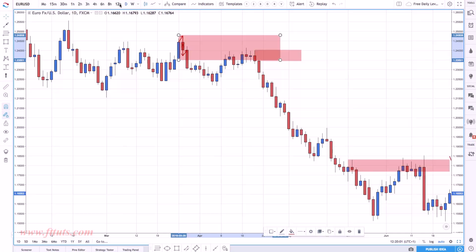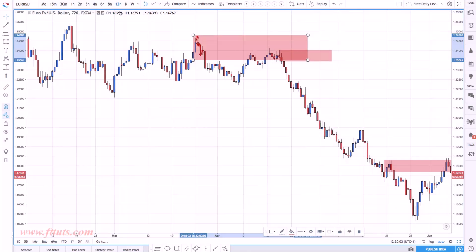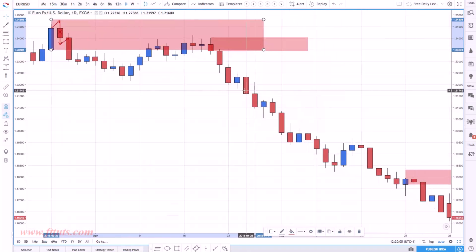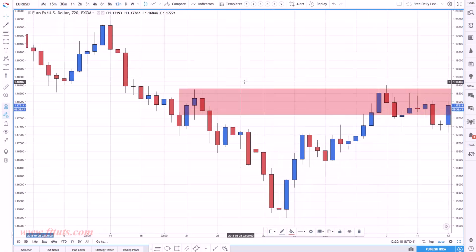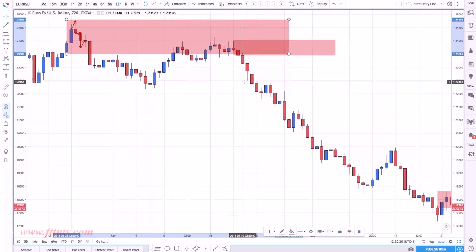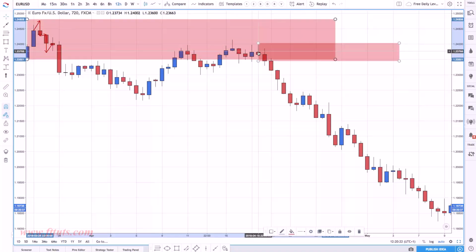What we would do is just zoom down in, because you wouldn't have seen anything on the daily. You might have seen maybe this engulfing, or maybe that spinning top if that's what you take. But then obviously this candle here, if that's bearish enough for you, it might not be. But what you would have definitely seen is a trend right here. You would have seen obviously a trend right here as well.